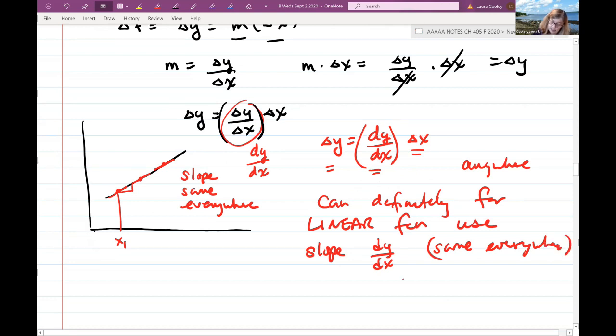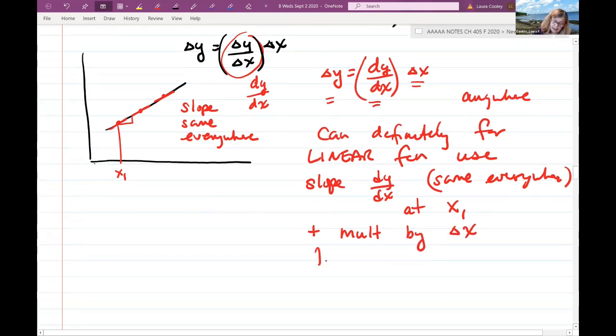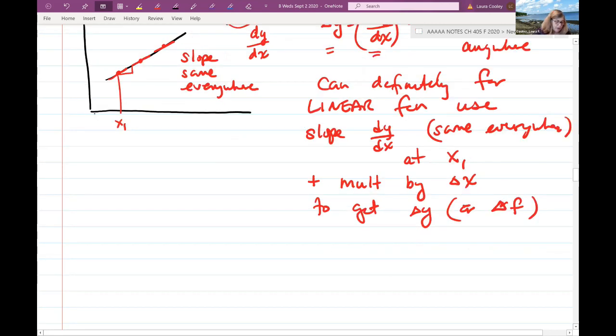So you could definitely use the slope at x1, because that's one of the everywheres, and multiply by the change in x to get the change in the function, to get delta y or delta f, okay? So you can always do that. This is always going to be valid. Delta y is always going to be df dx delta x for a linear function.